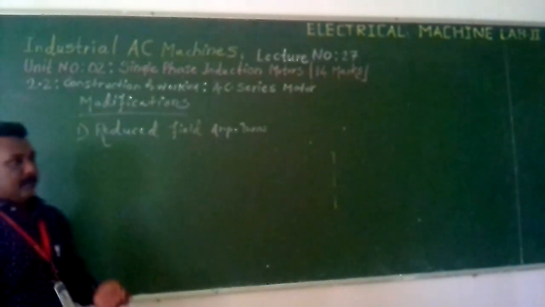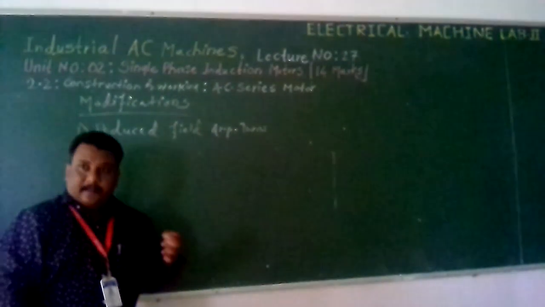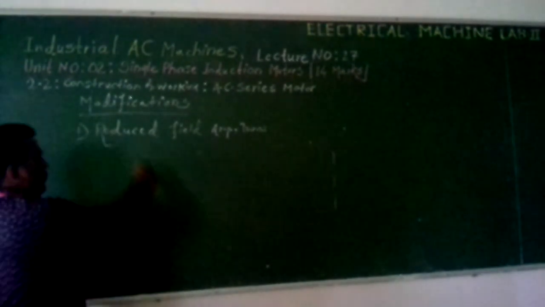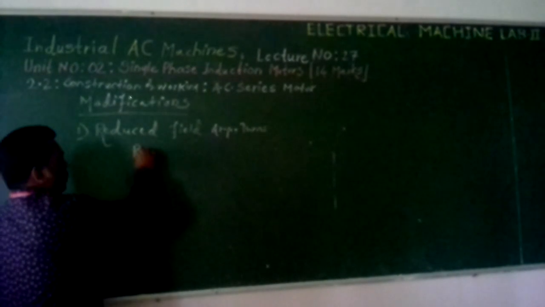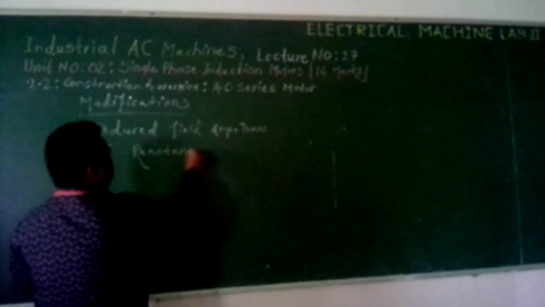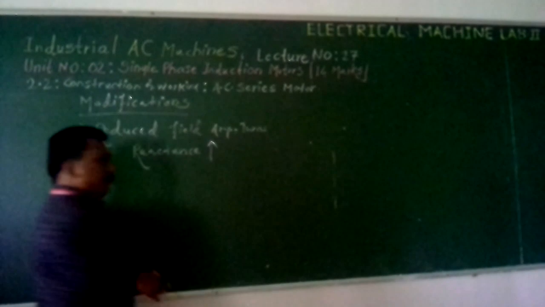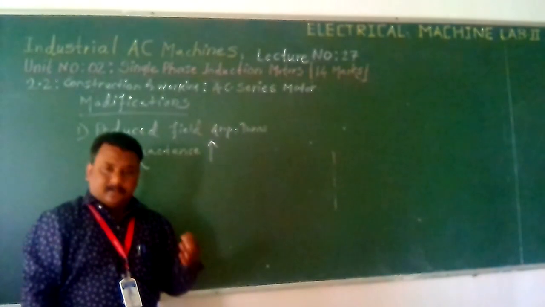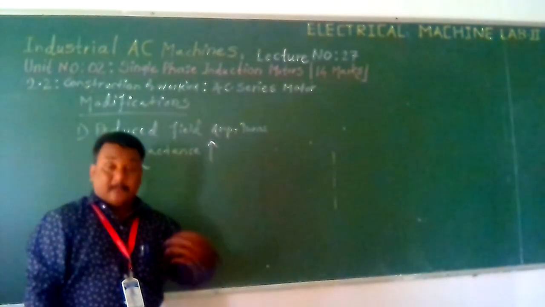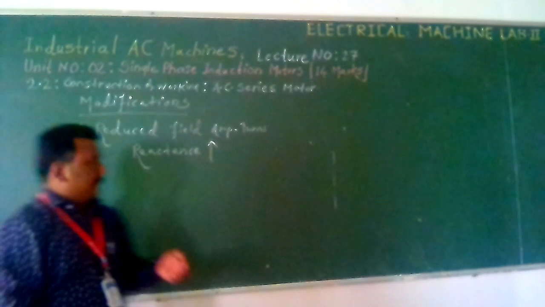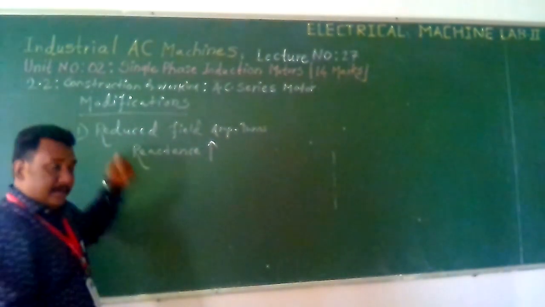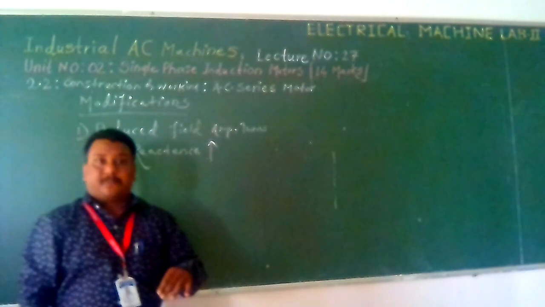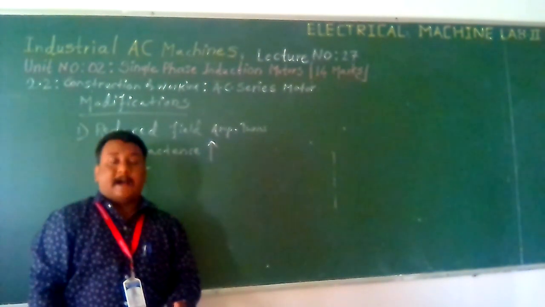We know that whenever AC supply is given to a DC series motor, the reactance becomes high, due to which the magnetic field is not sufficient to drive the armature. So for this purpose, the field winding should have fewer ampere turns.